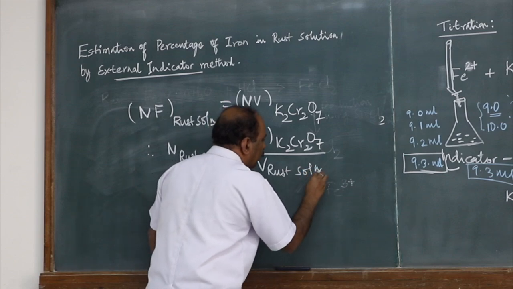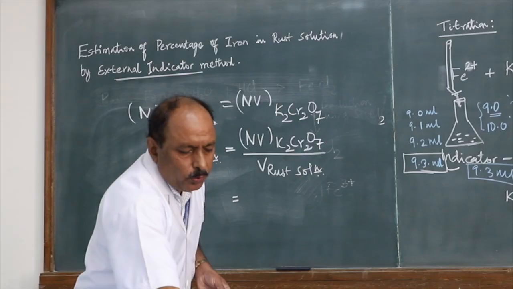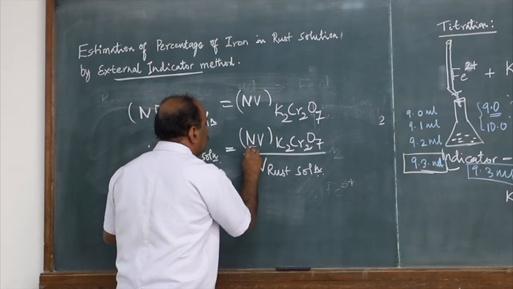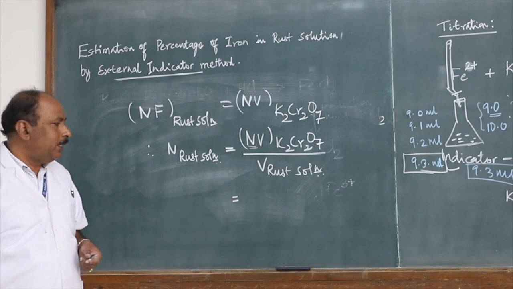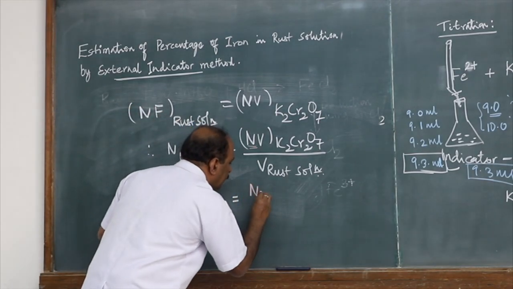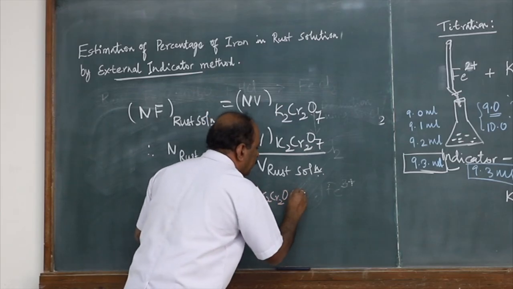Now, the normality of potassium dichromate will be known to you because this is the standard solution. The N value you get after doing calculation in the first part, that is N of K2Cr2O7.